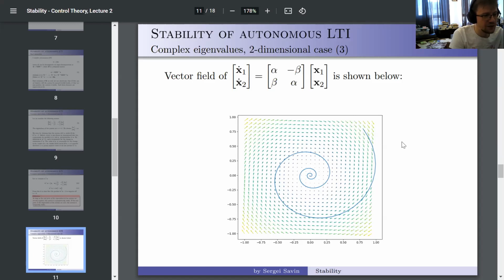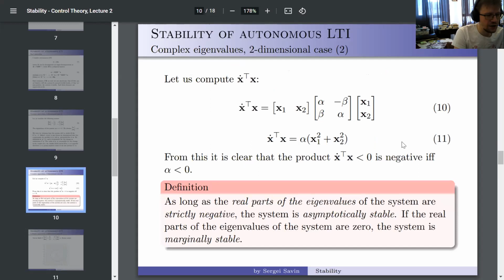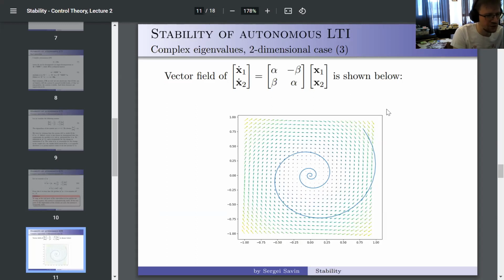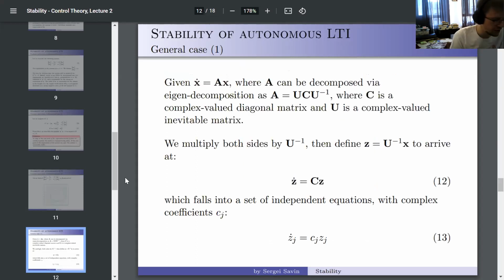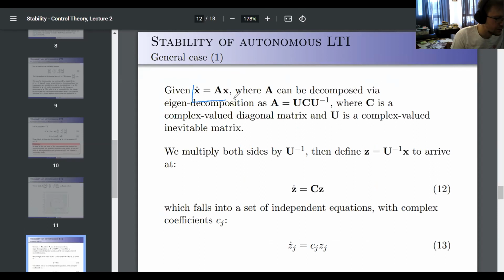By the way, I could generalize to any two-dimensional case with a single eigenvalue from here, simply by multiplying it by a transformation matrix on both sides. But let's just go directly to the general case. We'll consider this system again, and we now decompose it with eigen decomposition, but with complex valued eigenvalues.